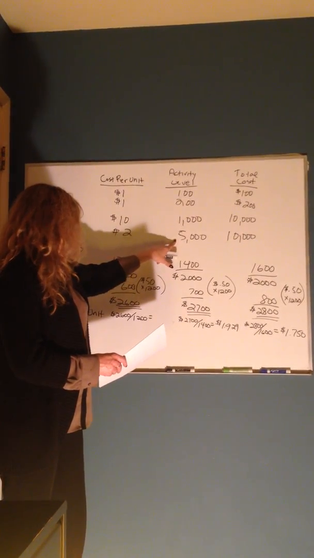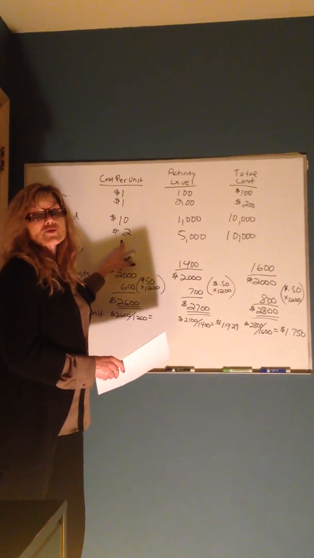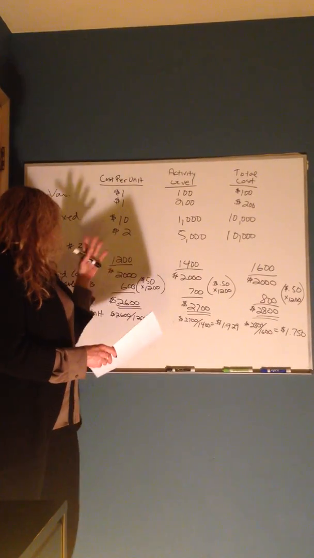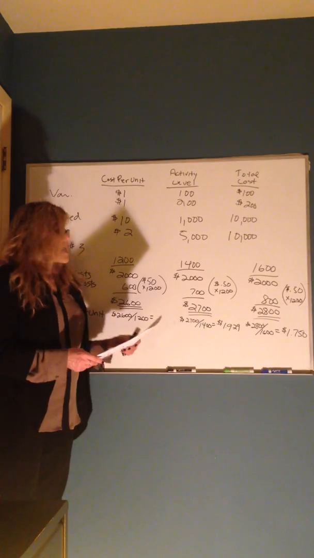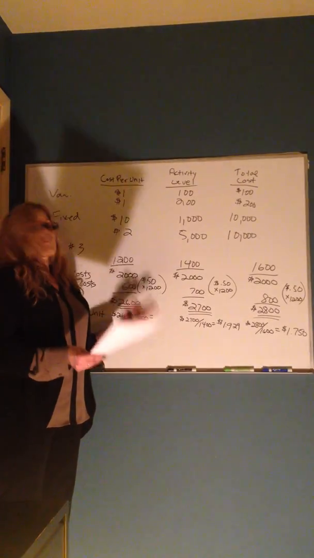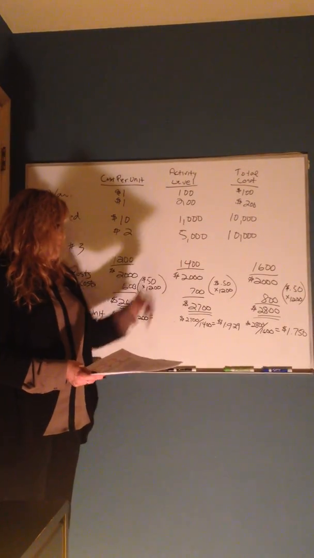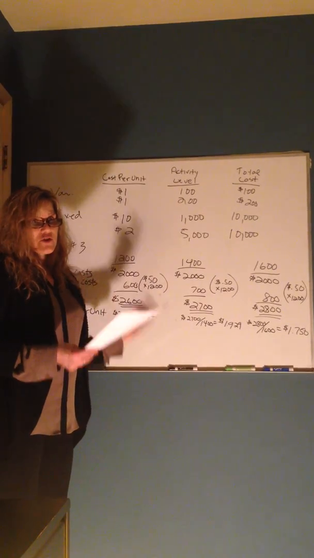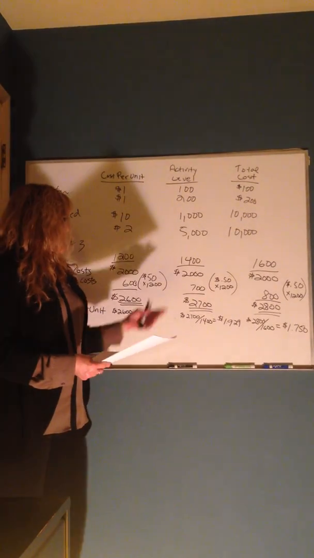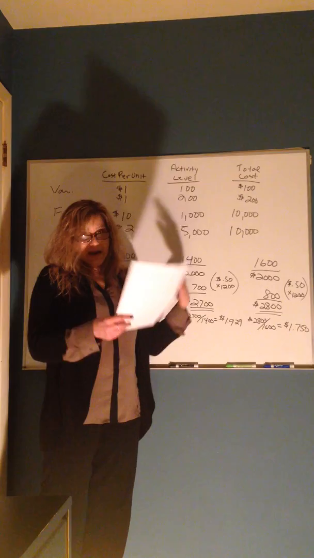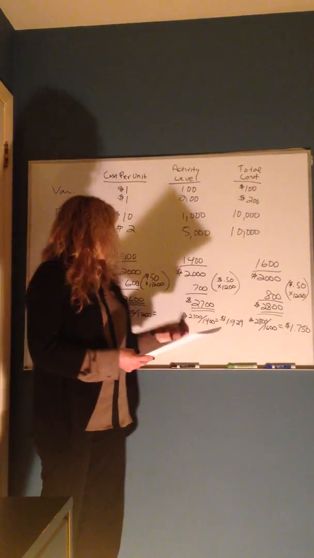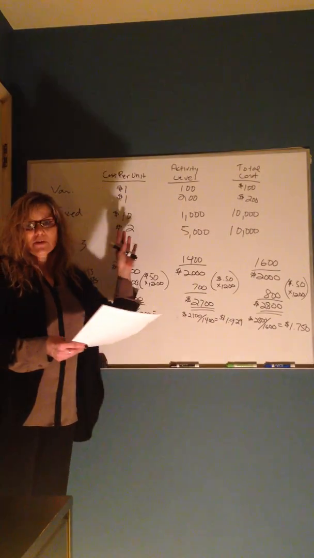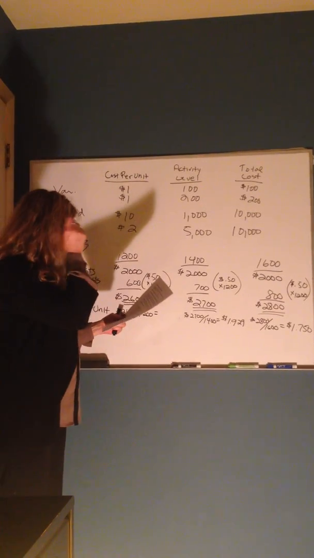If I perform 5,000 x-rays, my cost per x-ray is $2. And that same relevant range data holds. So if, for example, I can only perform 10,000 x-rays with this one machine, and I need to rent 2 machines, now my total cost is $20,000, and I've gone out of the relevant range. Okay, so hopefully that explains variable and fixed costs.